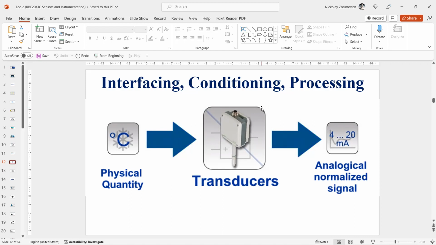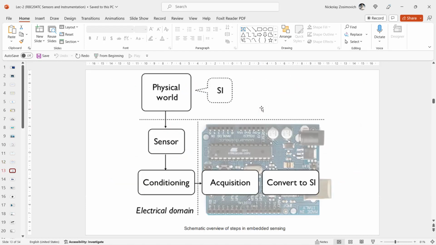This approach, schematically shown in this slide, can be recognized in most of the common household digital sensing systems, such as digital thermometers or bathroom scales. Okay? The circuits for conditioning, conversion, and processing are usually condensed into a single integrated circuit, usually outputting data on a small liquid crystal display.